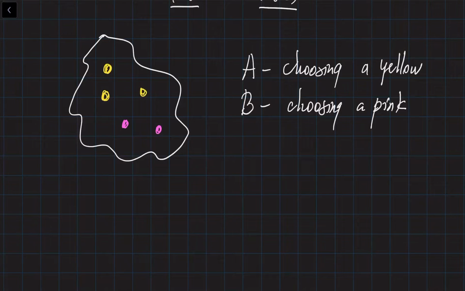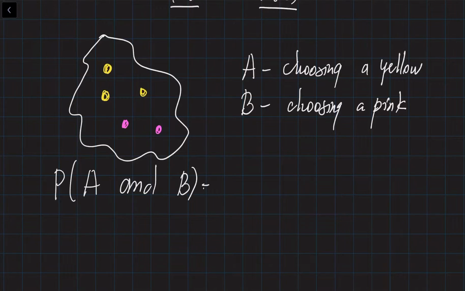I would like to find the probability of choosing a yellow one in the first trial, and then choosing a pink one in the second trial. As we discussed before, it is going to be equal to the probability of A multiplied by the probability of B. So the probability of A is 3 over 5, and the probability of B is 2 over 5. It's going to be equal to 6 over 25.